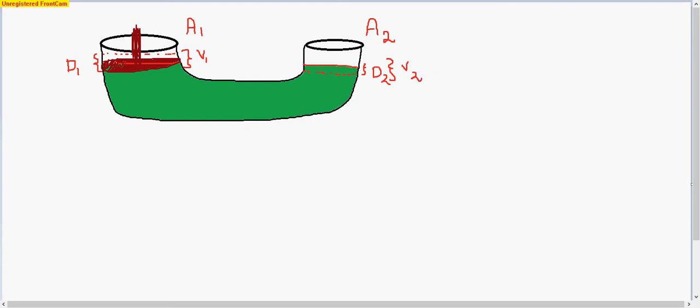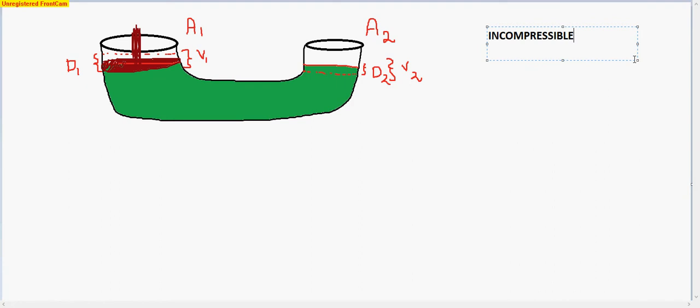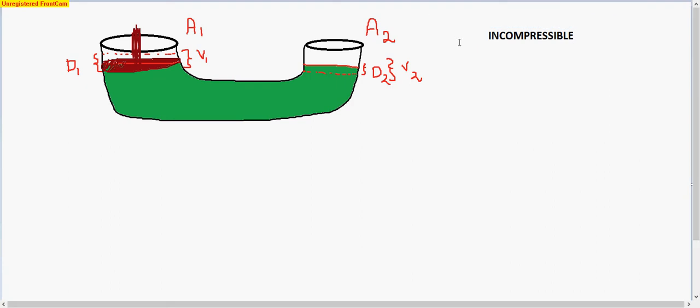Now I told you before that liquids are incompressible. Therefore we can also say that V1 is equal to V2, can't we?